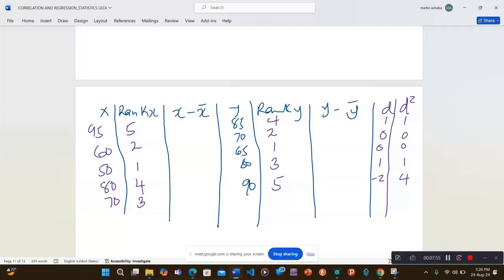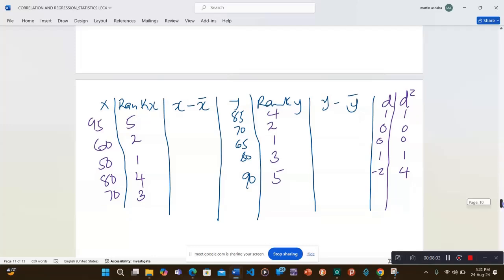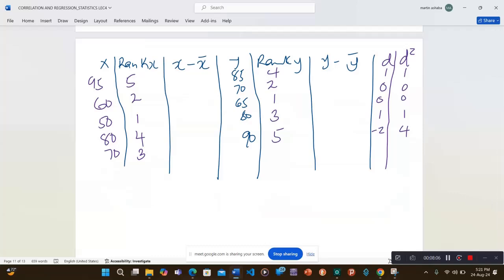I need to get the sum of these, so that I get the average. For x bar, sum x, then divide by n.